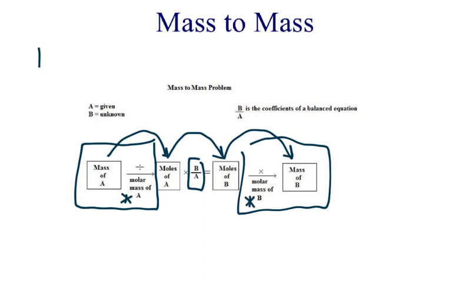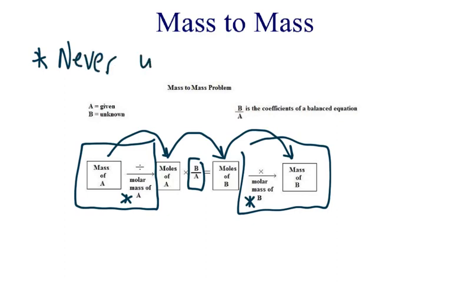Now, something very important, I'm going to put a little asterisk here. And I'm going to write something for you here. One of the most common mistakes that students do is they use the coefficient as part of the calculation of molar mass. So I'm going to write this down as a reminder, and I will mention this repeatedly.